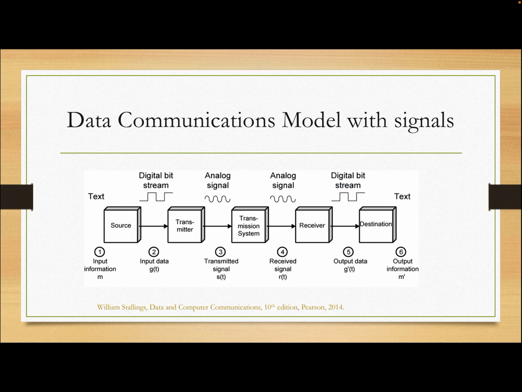Now let's look at the model with signals. The model is still simple, but I add the signals information into the diagram. Suppose I want to send text, like A, B, C, D, 1, 2, 3. This is input information M. Then the source, let's say, generates a digital bit stream, maybe 0, 1, 0, 1, and it becomes a waveform like this.